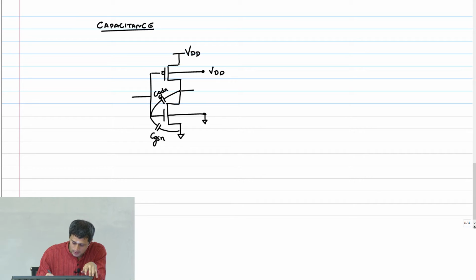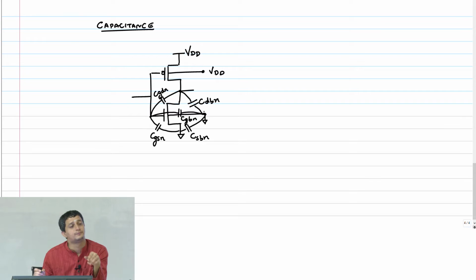Then there is one capacitance like this, CDBN. CSBN. And then there is also a CGBN. Similarly, I have capacitances on my PMOS transistor as well.